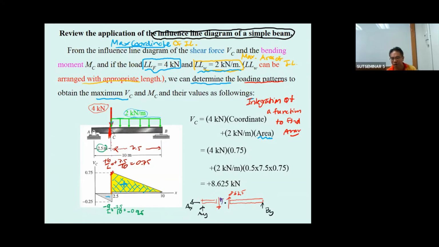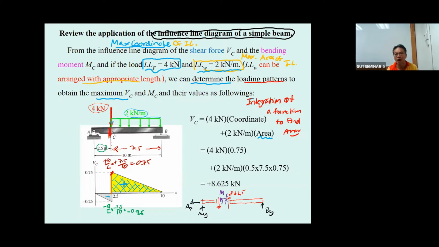That is going to be M sub C for this loading pattern. This is going to be your assignment. Just go back and review it. You can find A sub x, A sub y, and M sub C easily by using engineering statics. Then this is the loading pattern that produces the maximum shear force at C.